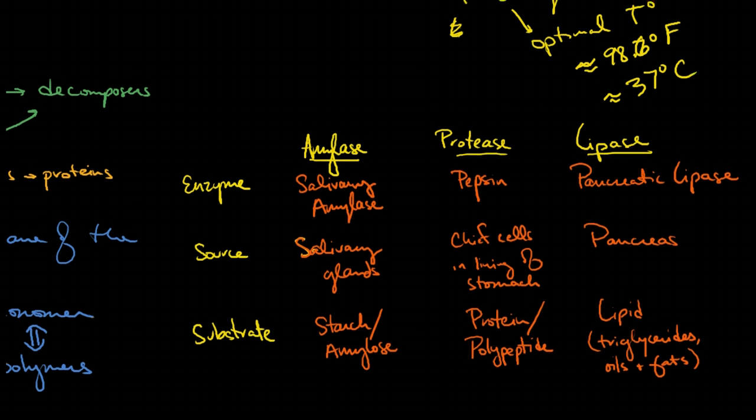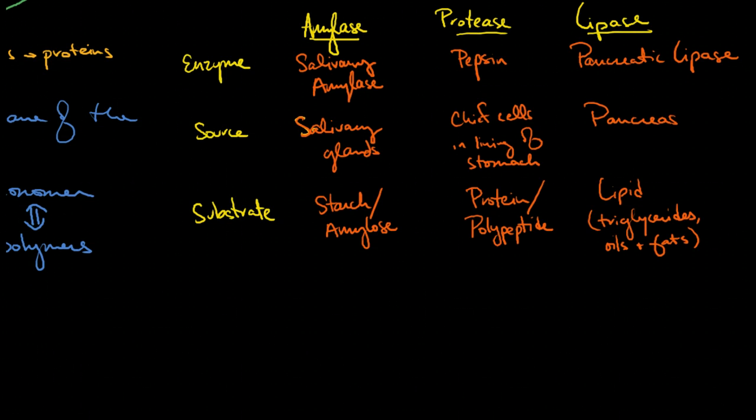Okay, so you need to know the substrate and then the product. The product of the reaction, remember enzymes help drive reactions forward. What enzymes do is take the substrate and break it up into something smaller. What salivary amylase breaks the starch down into is maltose.